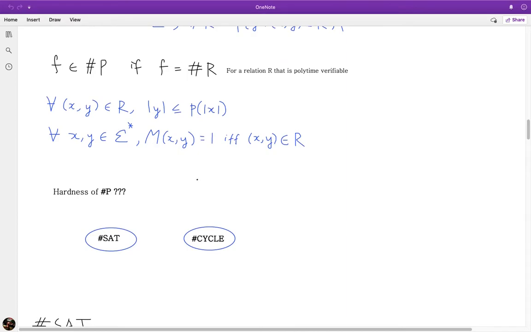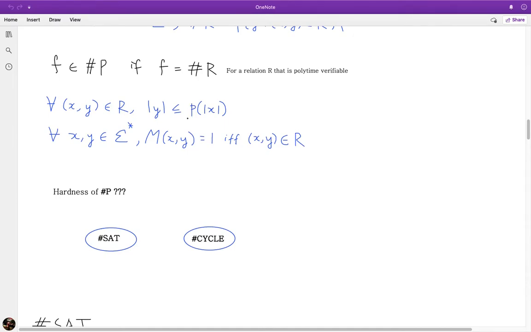So we move on to, let's say, f which belongs to #P, so a computing function which is in #P. So how do we define it? How do we know whether a function f is in #P?